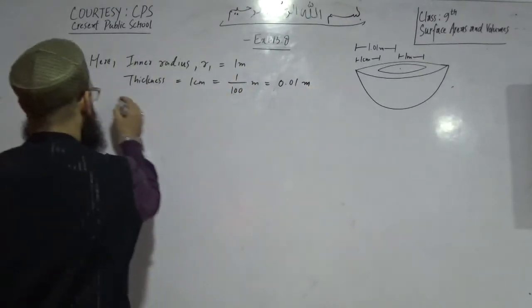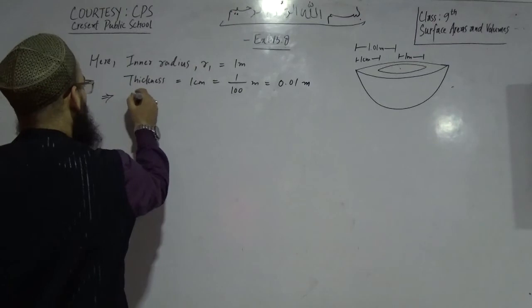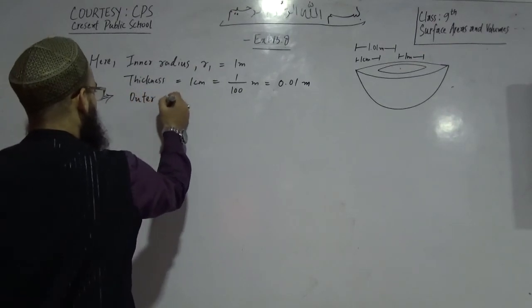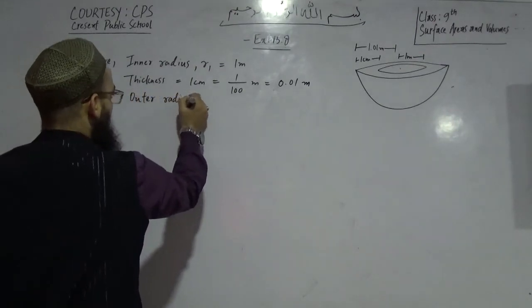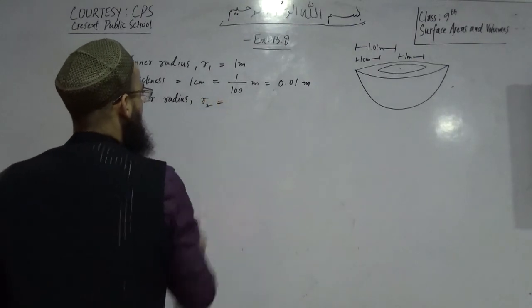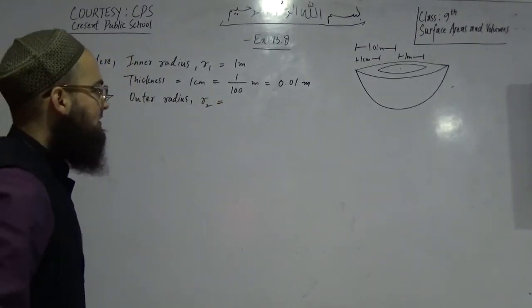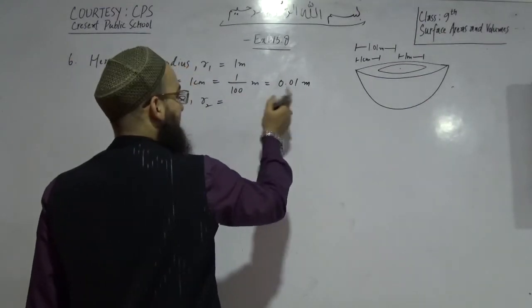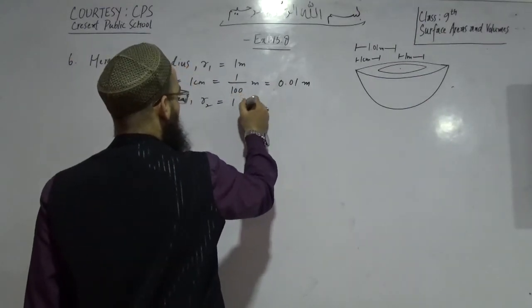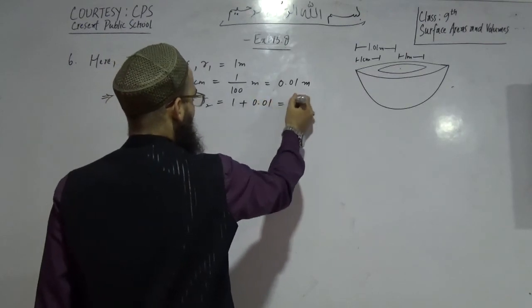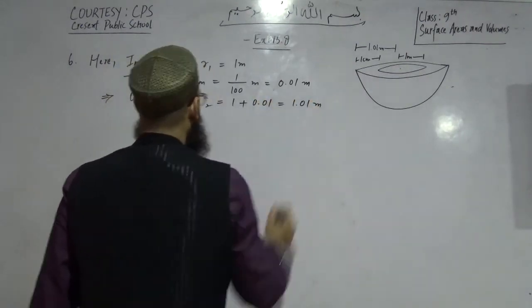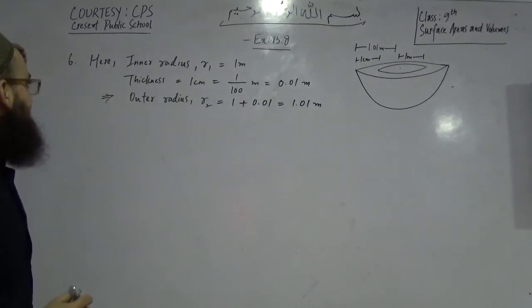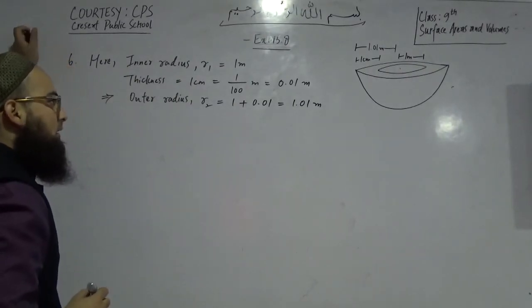This is the thickness, which implies the outer radius R2 is 1 plus 0.01, and that is 1.01 meter. That's your outer radius. Got it?